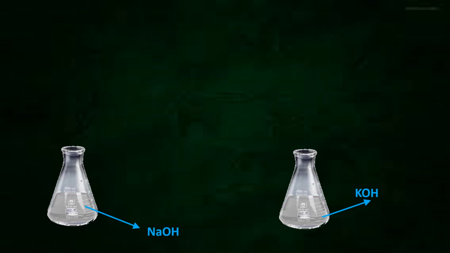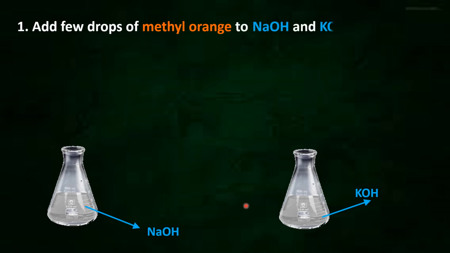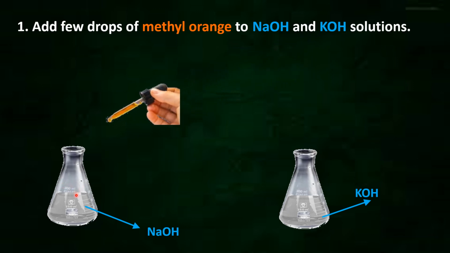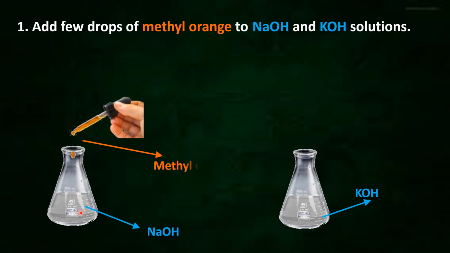Now we'll test these two solutions with the methyl orange indicator. We'll add a few drops of methyl orange to the sodium hydroxide solution and the potassium hydroxide solution, and observe the changes. Methyl orange is orange in color.